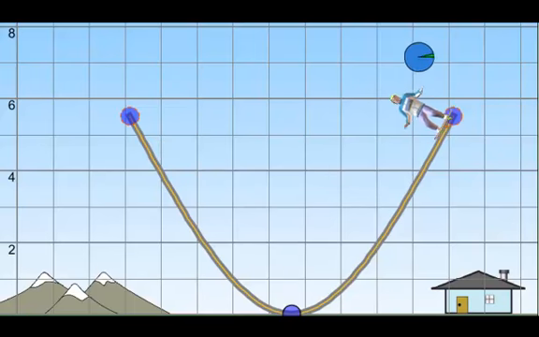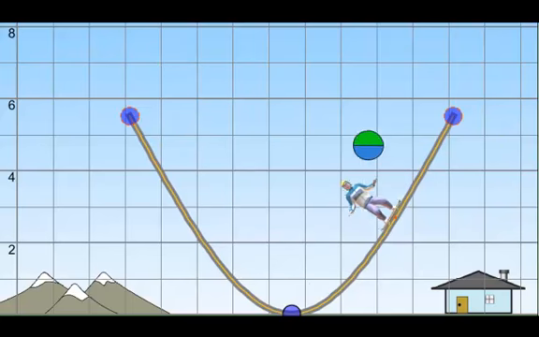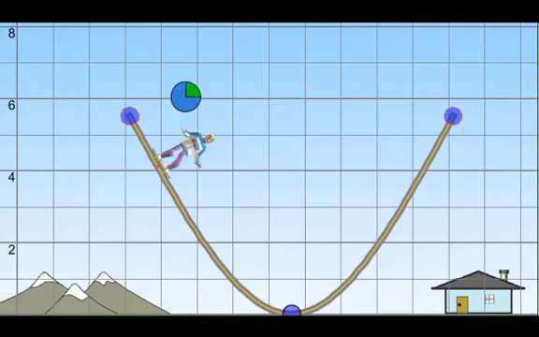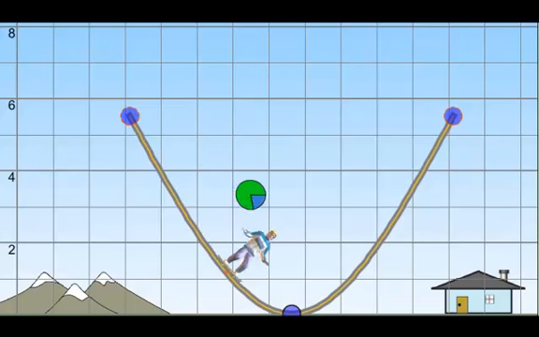Notice that that energy goes from being blue to green. Again, blue is potential energy, and green is kinetic energy. Let's slow him down. Now, again, when he gets to the very, very top, it gets all blue. Then when he gets to the very, very bottom, it turns all green.